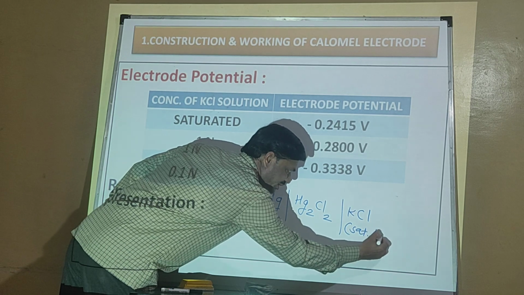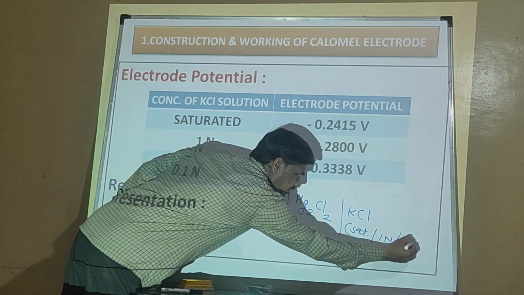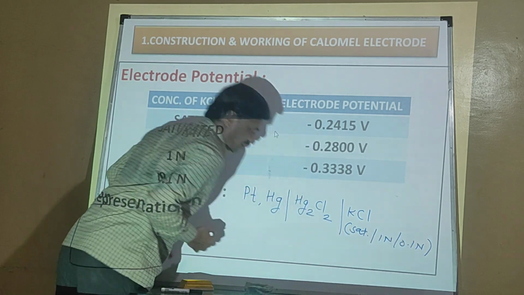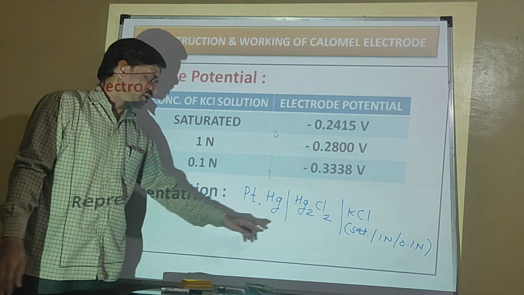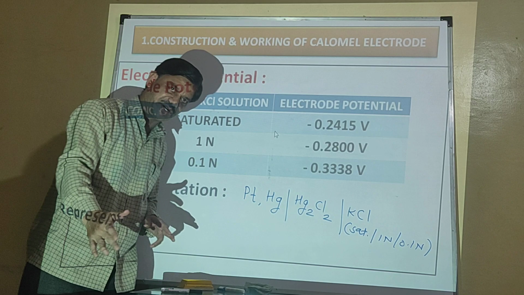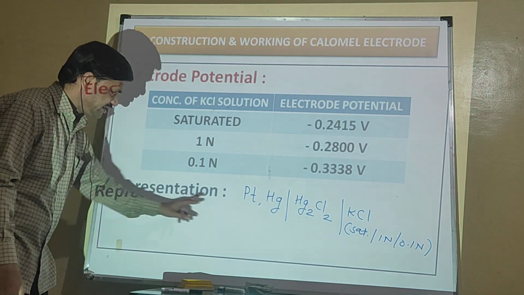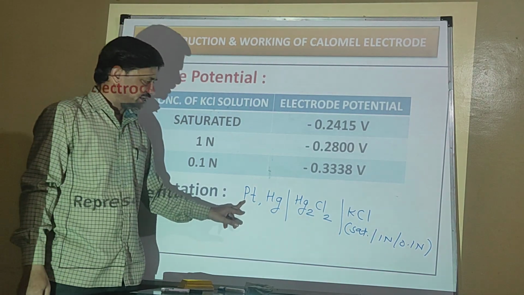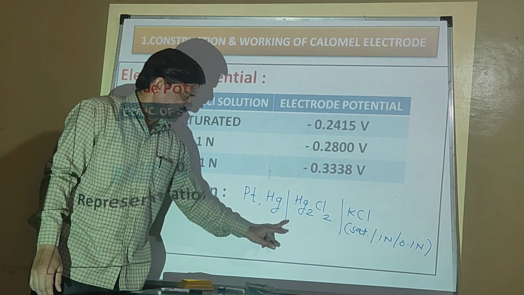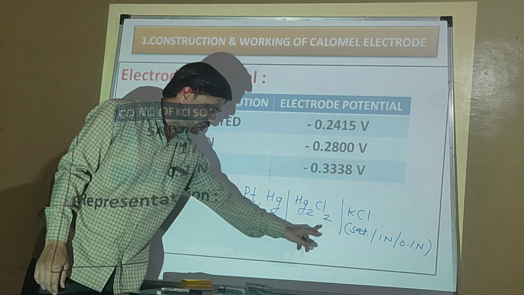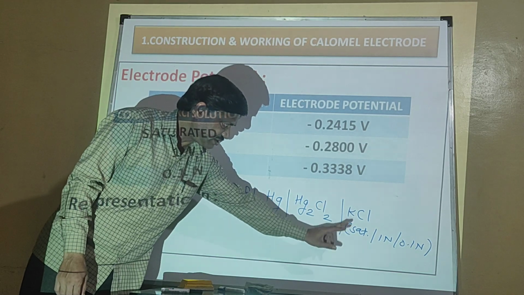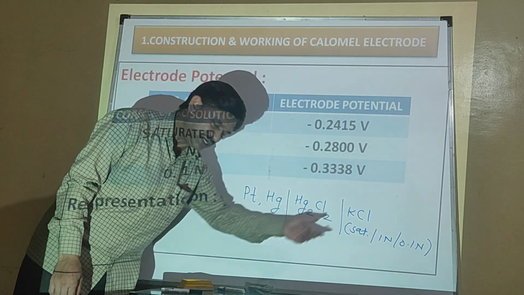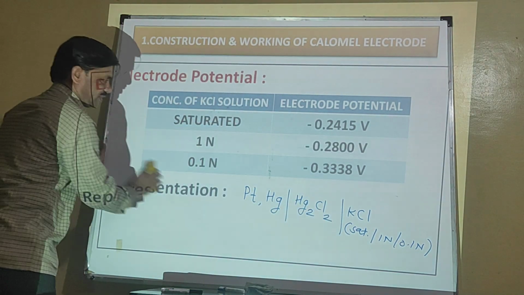It may be saturated, it may be 1 normal, it may be 0.1 normal. So tell me, as there is direct contact everywhere, we are making use of which line? A single vertical line to represent the calomel electrode. Platinum sealed with mercury, direct contact with Hg2Cl2, remaining part filled with KCl, either saturated, 1 normal or 0.1 normal. Next point.